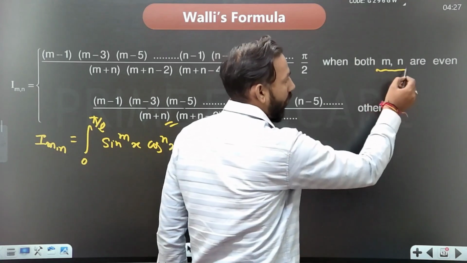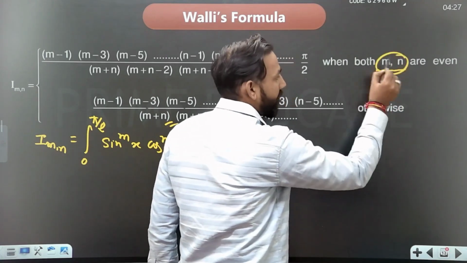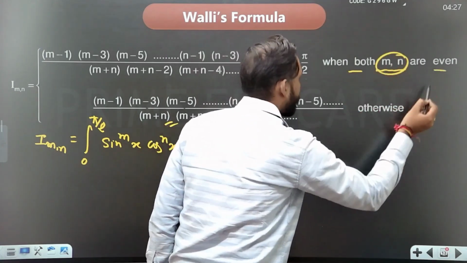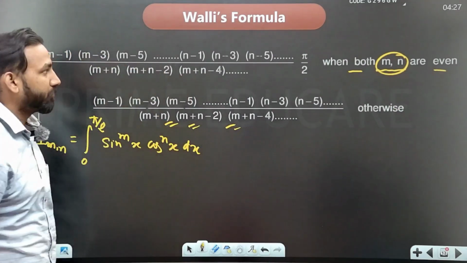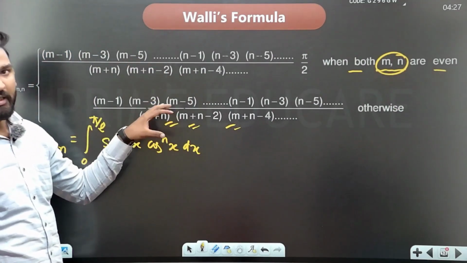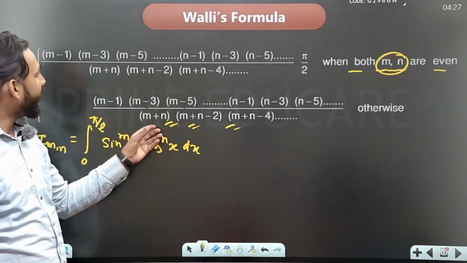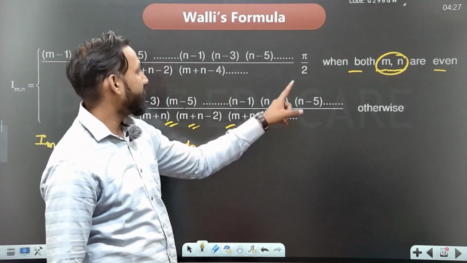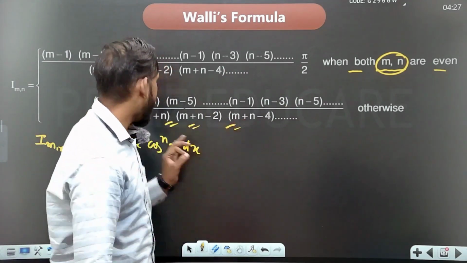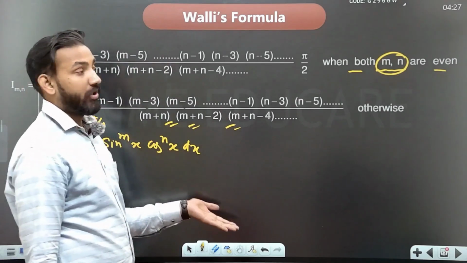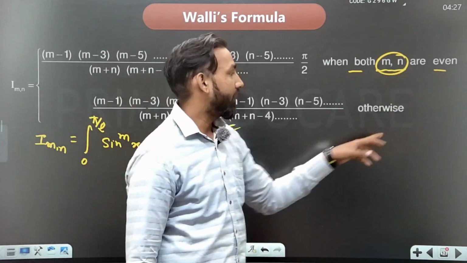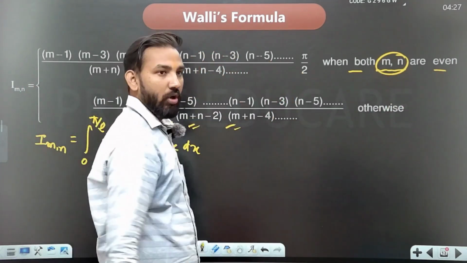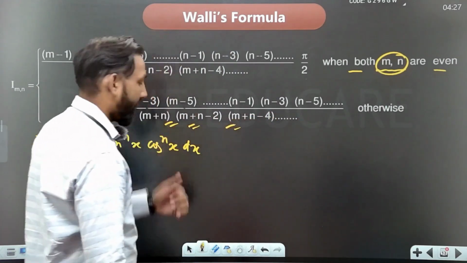Only when m and n both are even, we apply the other formula. The difference between these two expressions is just multiplying by pi by 2. If m and n are both even, then we multiply by pi by 2, and otherwise that's it.